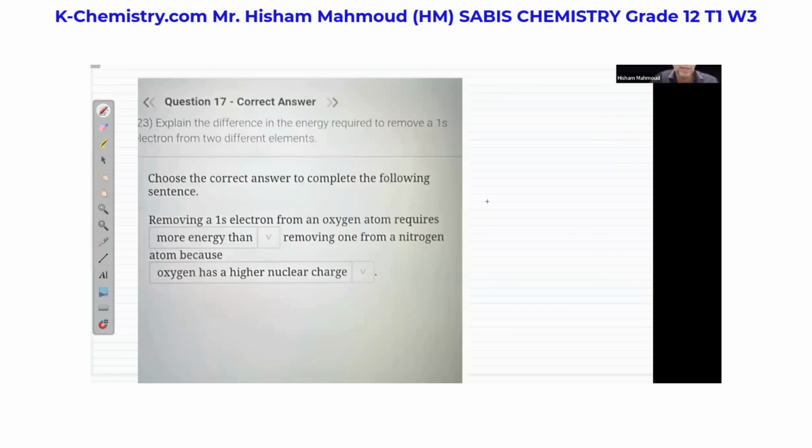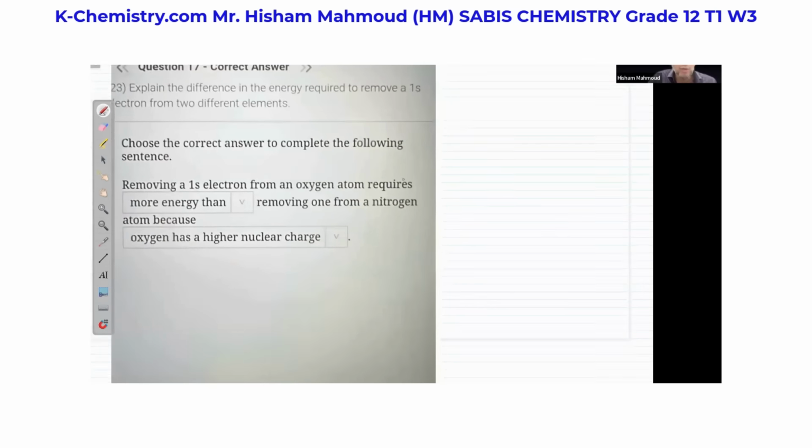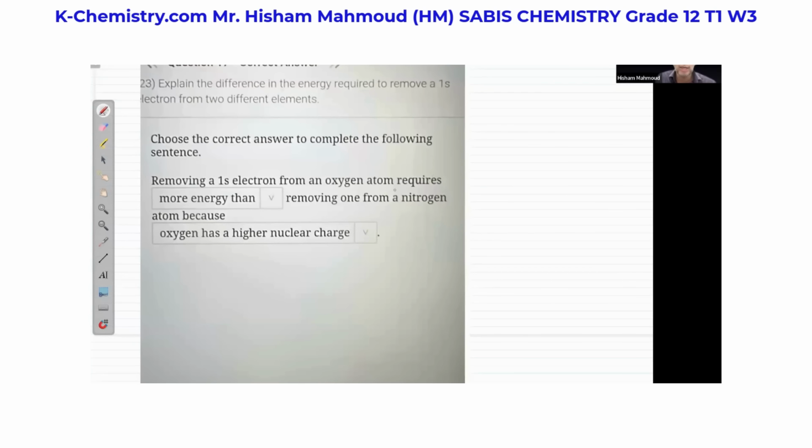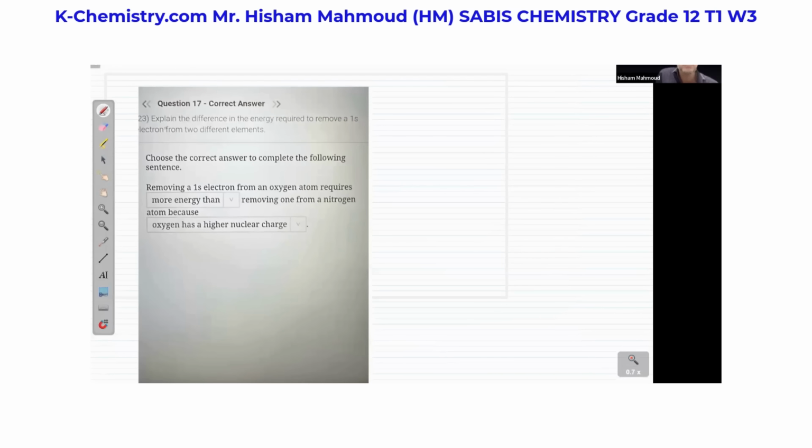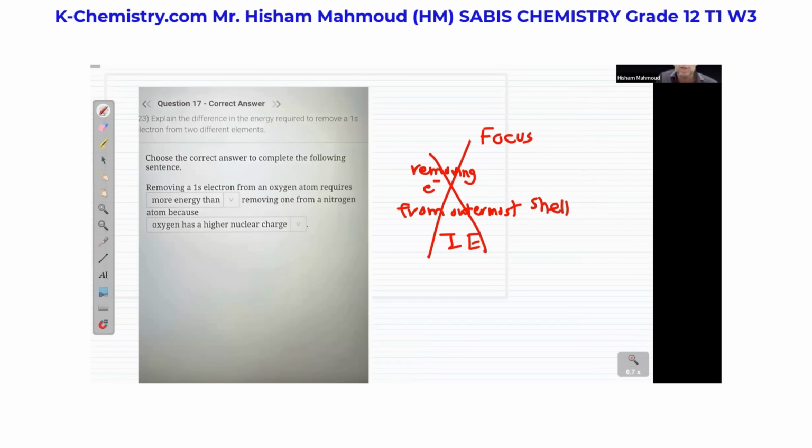Question number 17 is asking, choose the correct answer to complete the following. Removing one s electron from an oxygen atom requires more energy than removing one from a nitrogen atom. And here the confusion comes. Please focus very well. When he is asking you about removing an electron, like we said last time, removing an electron from the outermost shell is talking about ionization energy, which is totally different from this question, because he is not taking electrons out from the outermost shell here.